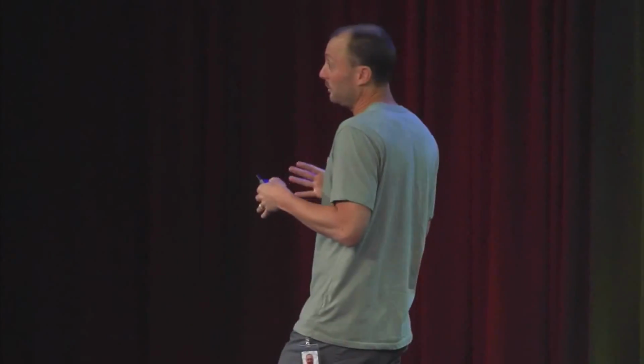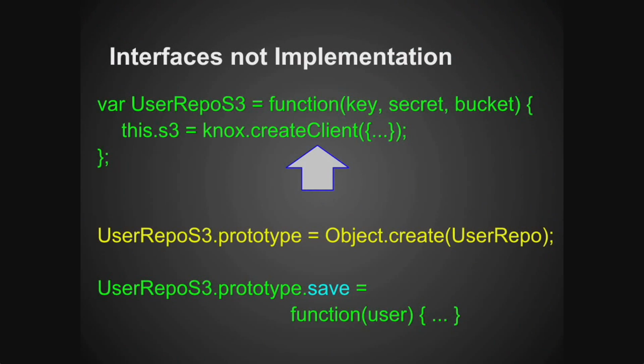So time goes on. My application is growing. Redis turns out, oh, crap, that was a bad idea to use Redis. We actually really need to use Amazon S3. No problem. Very simple. All we need is a new implementation of our user repo interface. I'm going to call this one user repo S3. It has a constructor. It takes parameters that are injected into the constructor for what we need for this specific implementation. I'm going to announce to the world that I am also going to implement this user repo interface.